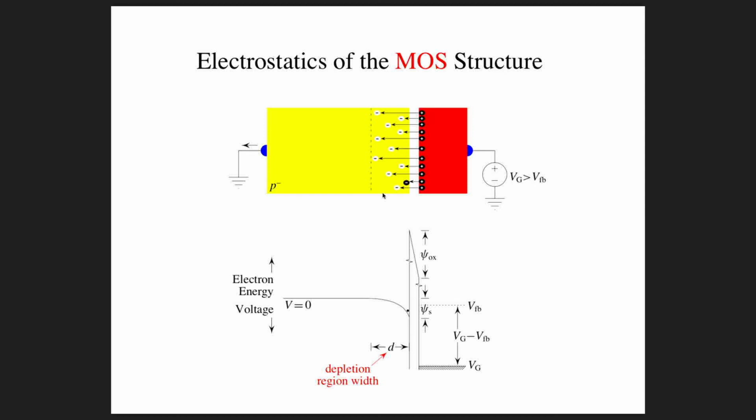And you can see that this charge here had been terminating its field line on this ionized acceptor down here deep in the depletion region. But it's just as happy to terminate on this mobile electron that we created, and that narrows the depletion region just a little bit.